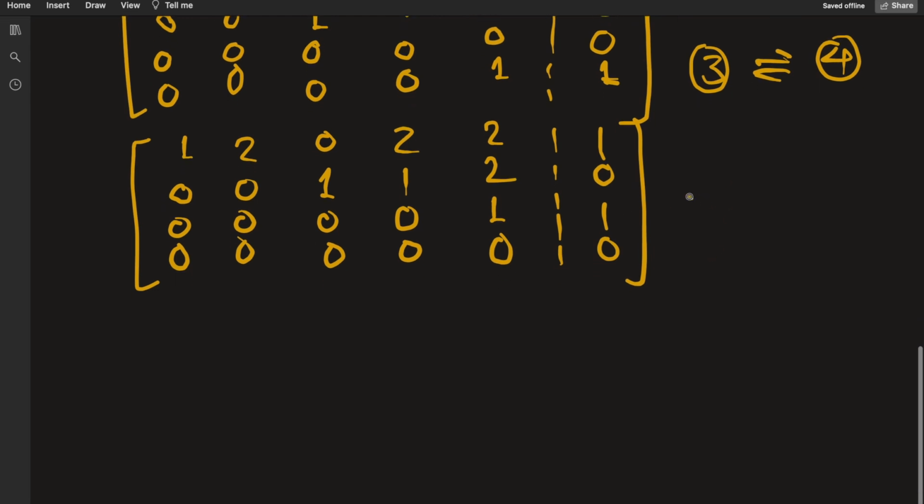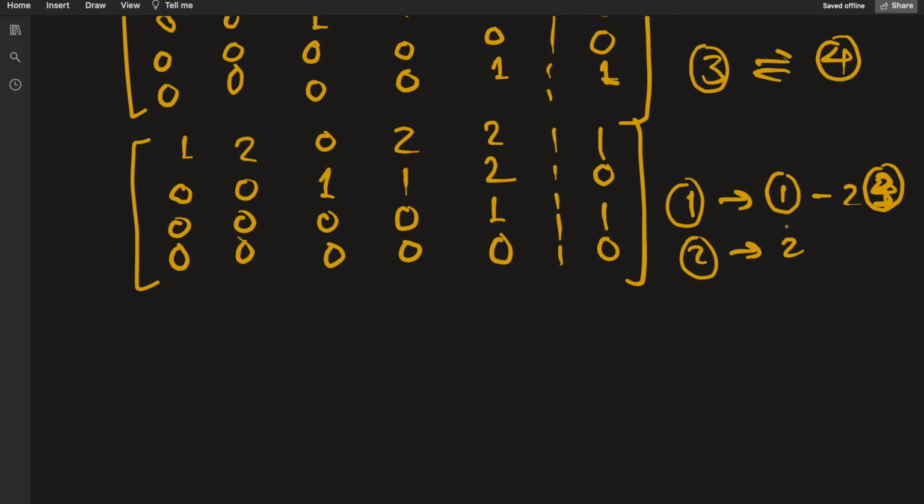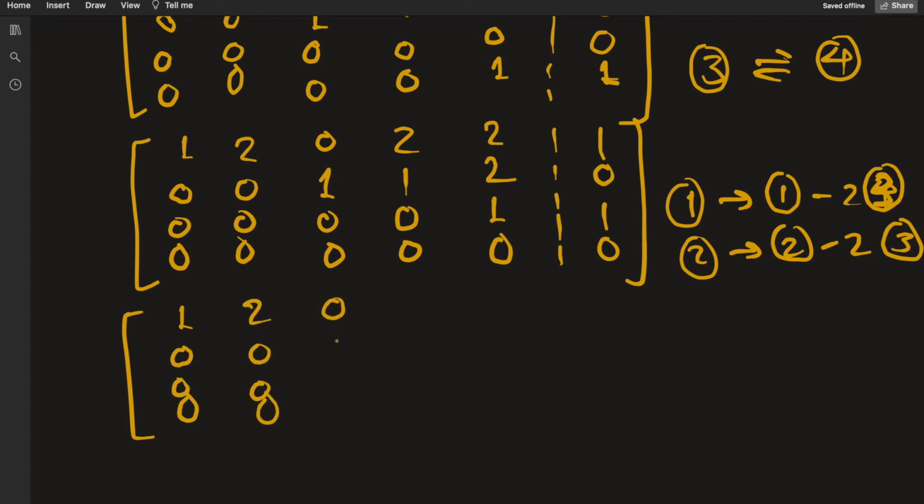So I need to change row 1 to row 1 minus 2 times row 3, row 2 to row 2 minus 2 times row 3. We have a 0 0 now because we got rid of them.